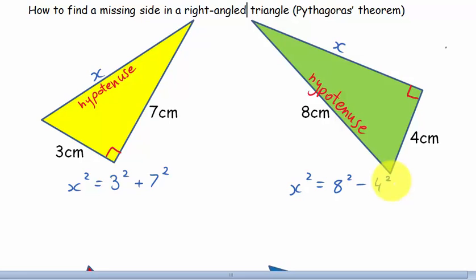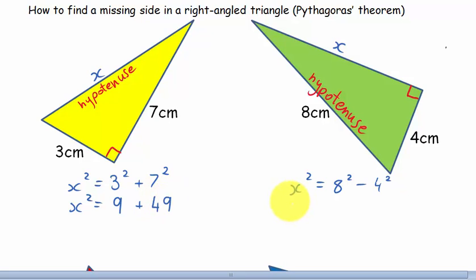We simply copy down the x squared as it is and evaluate the squares. 3 squared, meaning 3 times 3, is 9, plus 7 times itself, which is 7 times 7, is 49.